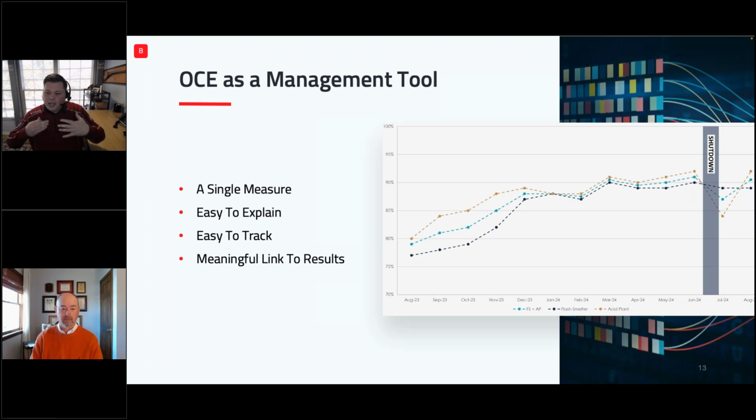And when you have a singular number, that number allows you to relate back to things that are more dollars and cents related. You could correlate OCE as a metric to production rates, a lot the same way that you use OEE to relate back to production numbers.